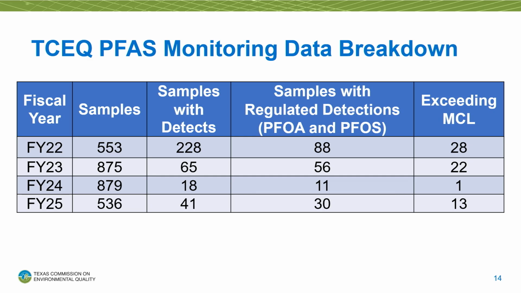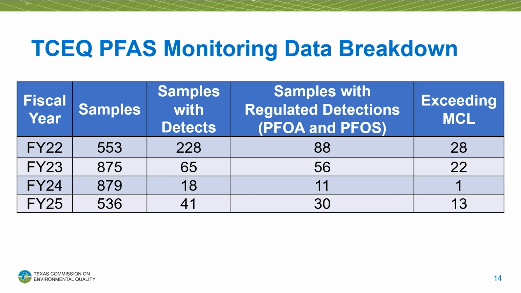For FY 23, 875 samples were collected. 65 had a detect of one of the 29 PFAS, and then 56 had a detect of PFOA or PFOS, and then 22 exceeded the MCL. For FY 24, 879 samples were collected. 18 had a detect of one of the 29 PFAS, and then 11 had a detect of PFOA or PFOS, and from that, 1 exceeded the MCL.